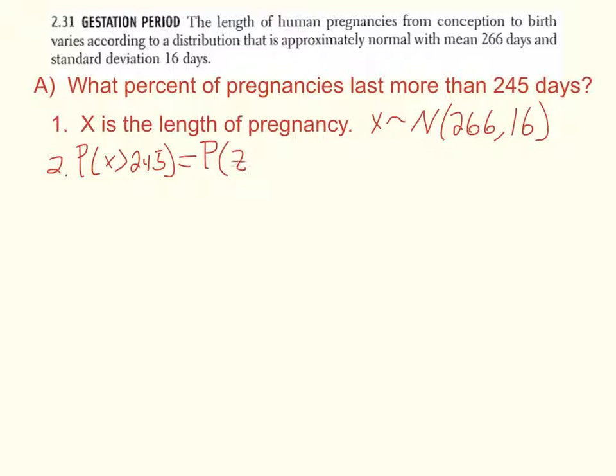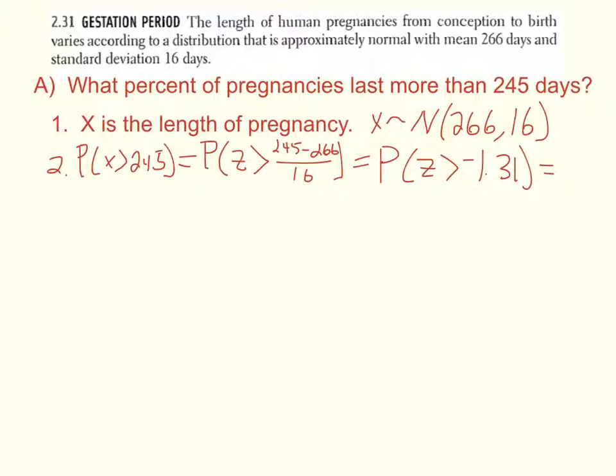So we're looking for the probability that Z is greater than 245 minus 266 divided by 16, which is equal to the probability of Z greater than negative 1.31, which gives us the area above negative 1.31.